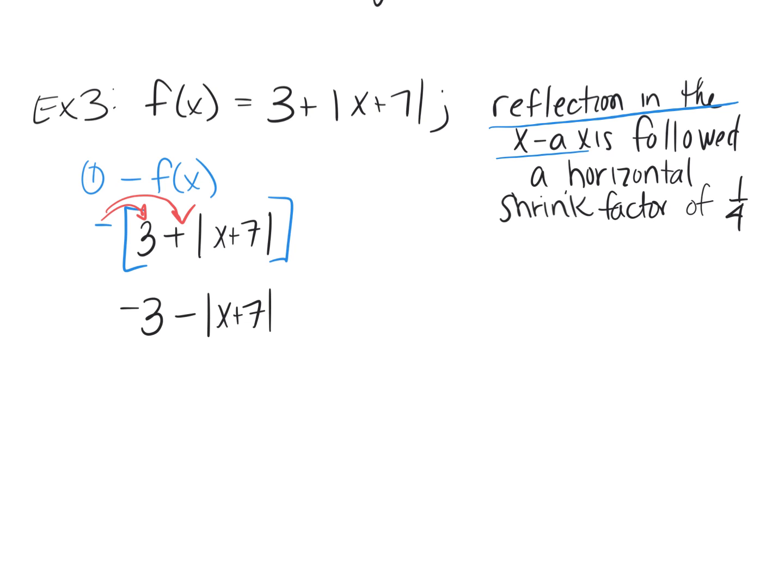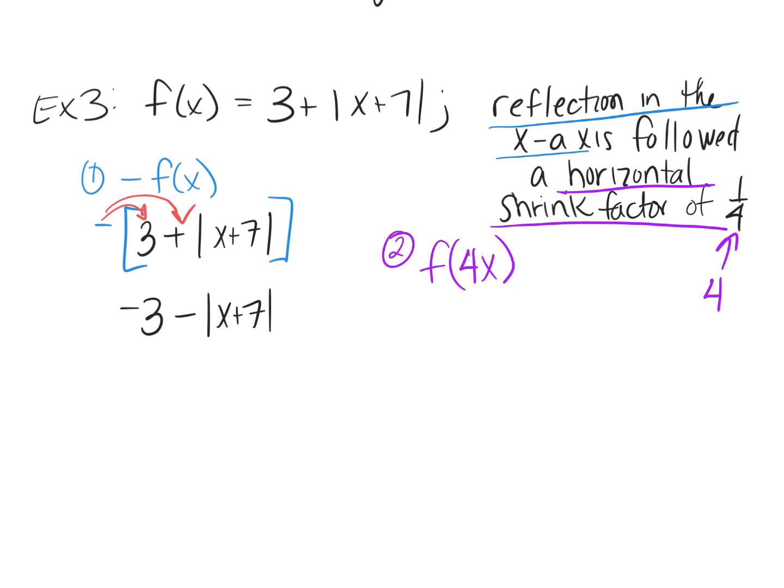And the second thing we're going to do is a horizontal shrink factor of 1/4. Horizontal is inside, so the way we write that is f of, remember, the factor is not what goes in our equation. The factor for horizontal is the reciprocal of what goes into our equation. So we're going to put 4 into our f of x: f of 4x.